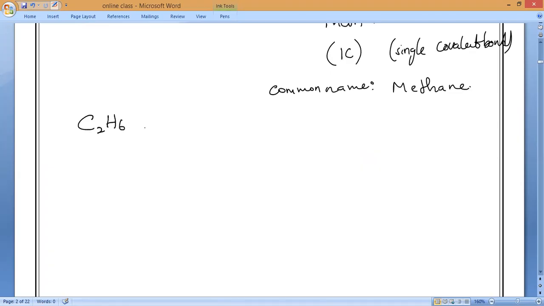C2H6. What is the name? Ethane. So two carbons, and all are single bonds.